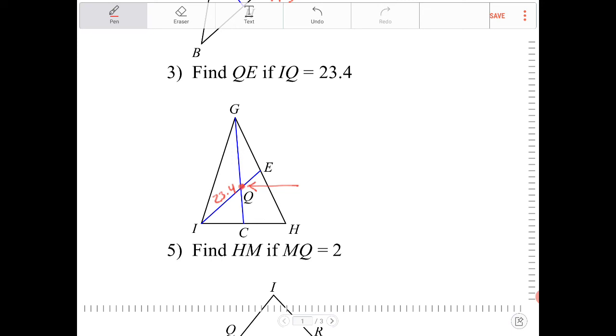Or in other words, QE is going to be half of IQ. So what's half of 23.4? That would be 11.7. So QE is 11.7.